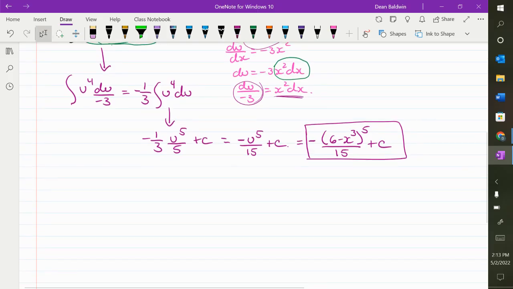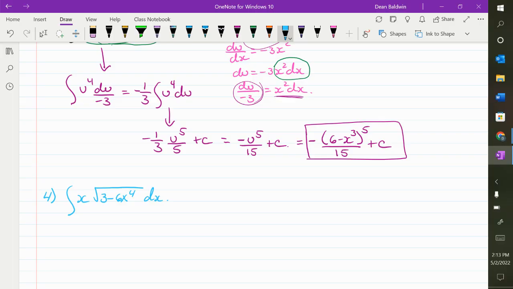Okay. Let's try another one. Let's do one with the square root. So the integral of x root 3 minus 6x to the 4th dx.